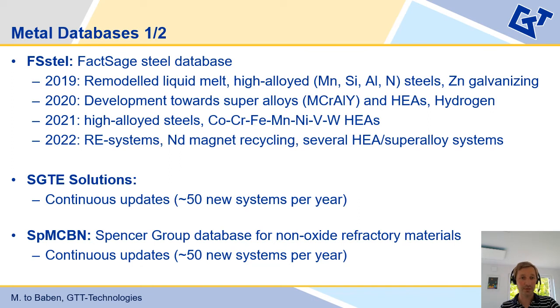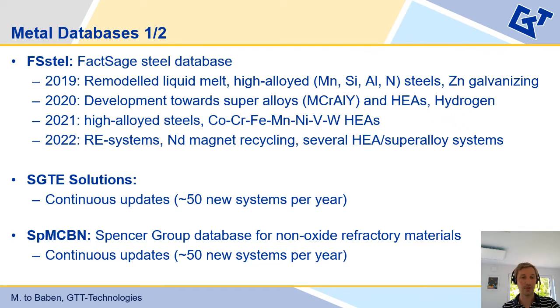In the metal databases, FSsteel had received a really large update in 2019 with a completely remodeled liquid melt, and then also additions for high alloyed steel and zinc galvanizing applications. And then 2020, 21, 22, there's a development to make the FSsteel database more and more compatible with superalloys and high entropy alloys.